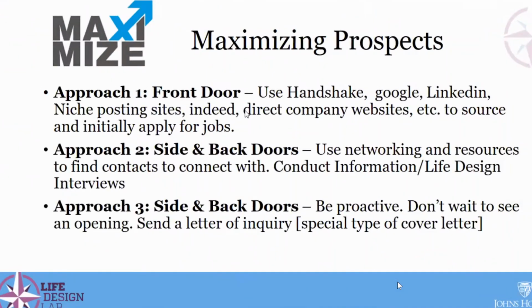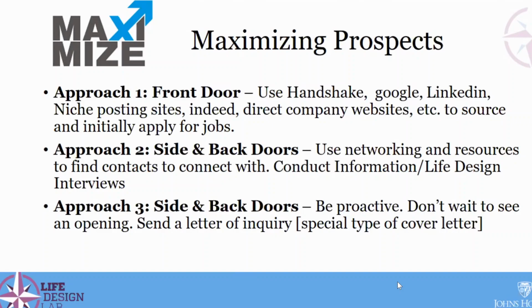So this is what I wanted to get to, especially in the fields that are difficult to get into. If those roles are hard to come by, and you're just applying online, then you're limiting yourself. You'll have to do what this slide is talking about, which is these side and backdoor approaches. The first approach that everyone is doing is applying to jobs on Handshake or Indeed, or Googling jobs, or applying on Monster, or whatever other sites people use these days.